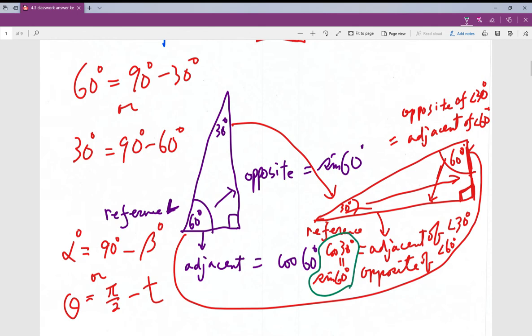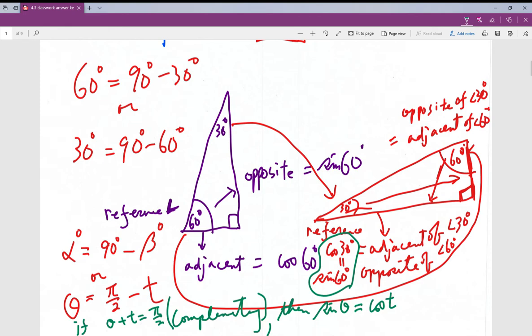If two angles are complementary, meaning the two angles added together are 90 degrees, then sine theta equals cosine t, or cosine theta equals sine t, because the opposite becomes adjacent and the adjacent becomes opposite.